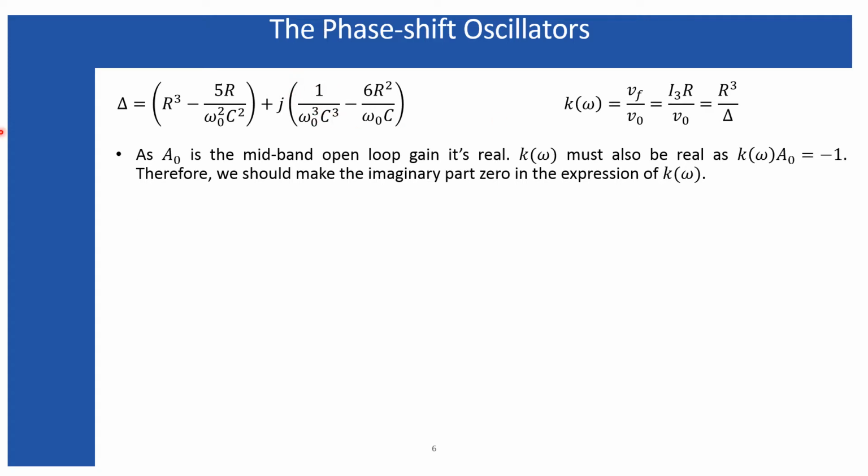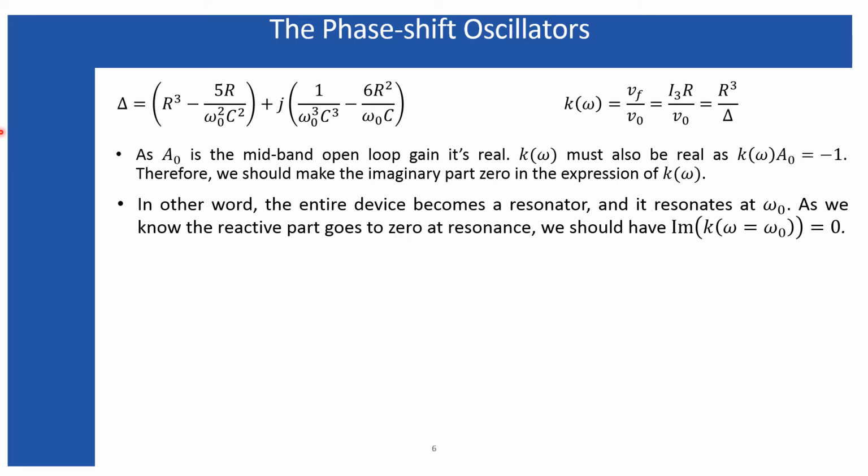In other words, you can say that right now this entire circuit is becoming a resonator, and the resonance is taking place at omega equals omega naught, because at that particular frequency the additional 180-degree phase difference is taking place through the feedback network.